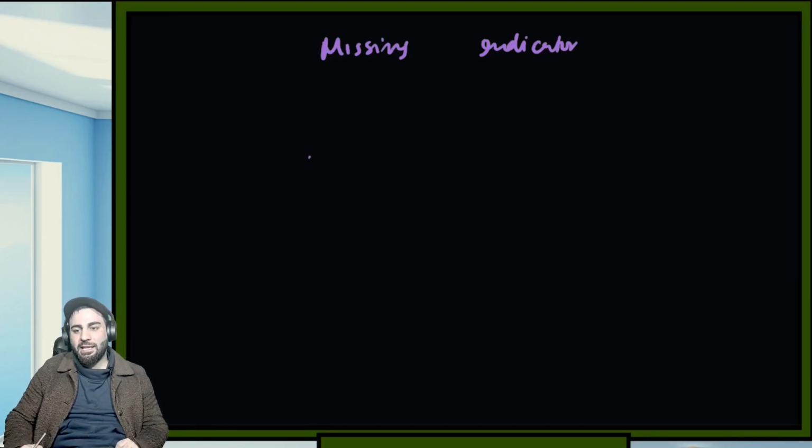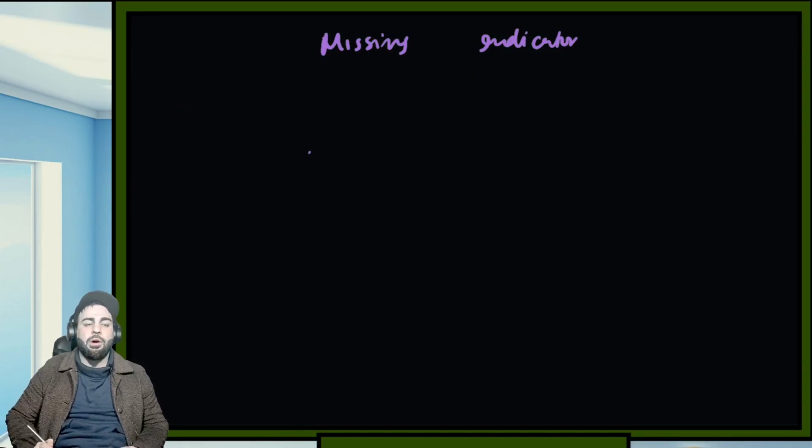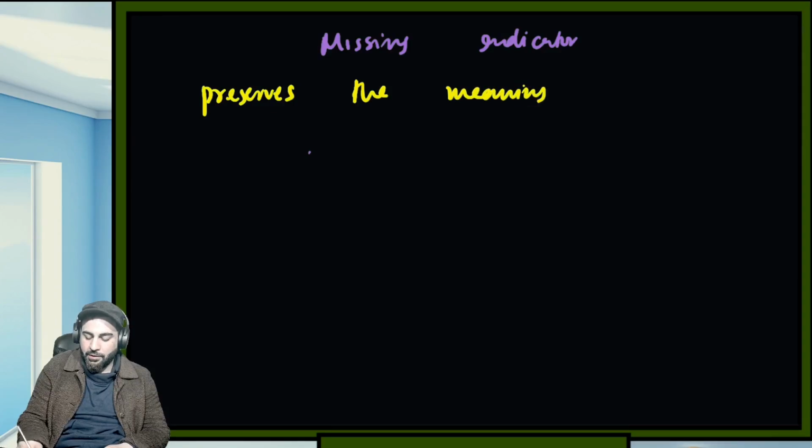They record whether the value in the corresponding column is missing or not. That's the approach. It actually does not impute, but tells the algorithm. So what does it preserve? It preserves the meaning of missingness.